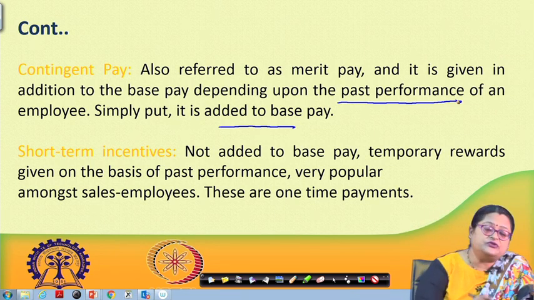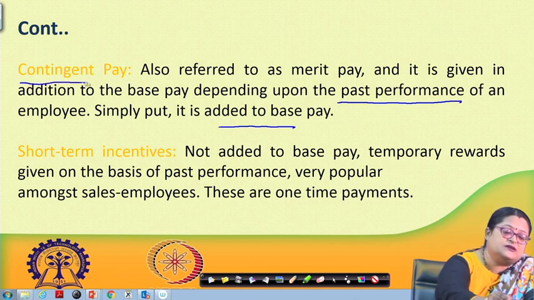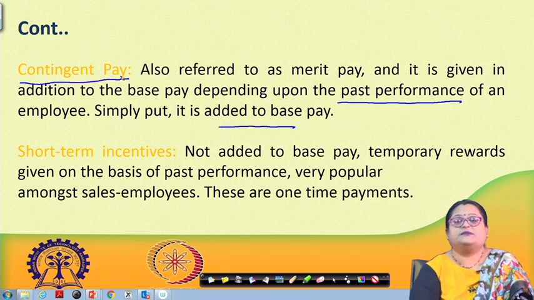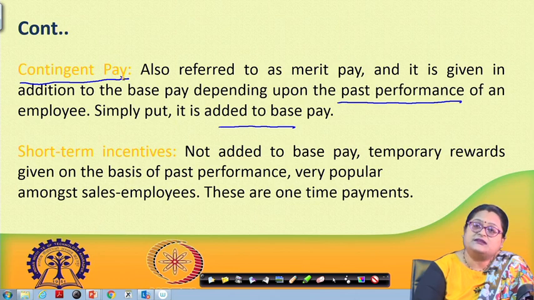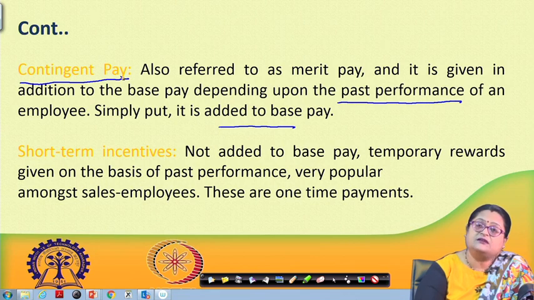The word contingent is important. You have to understand your payment is contingent on something, and contingent on what? Contingent on your past performance, and this we call performance based pay.